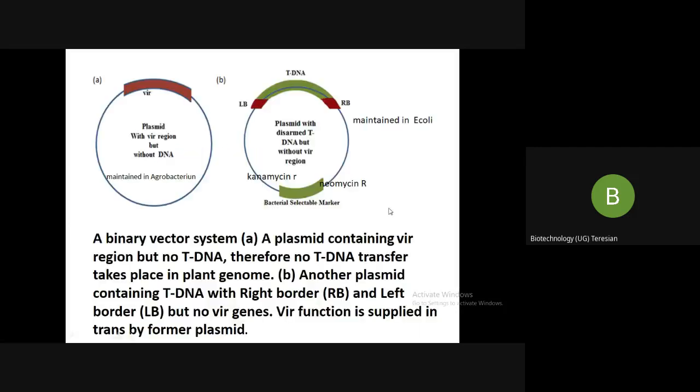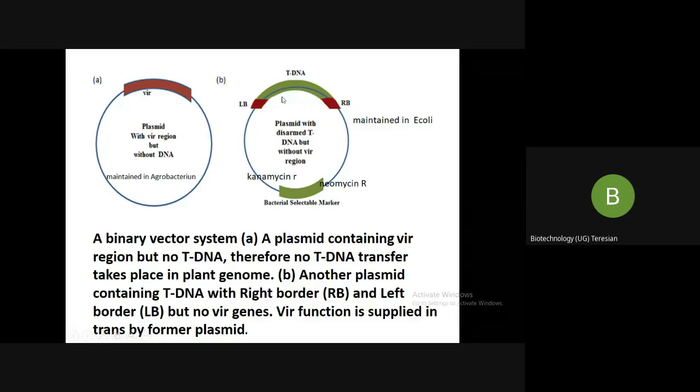Okay. Another type of vector is known as the binary vector. This binary vector also contains two plasmids. So we have a disarmed tDNA plasmid without the Vir region.